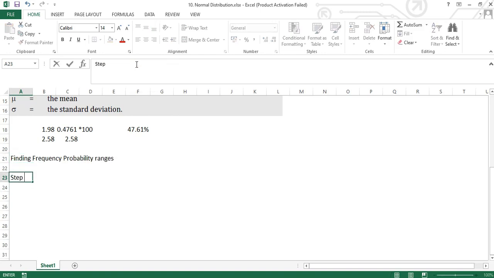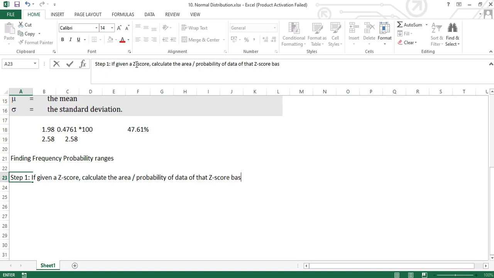Step 1 is, if given a z-score, calculate the area or probability of data of that z-score based on the normal distribution table. That's what we did first.